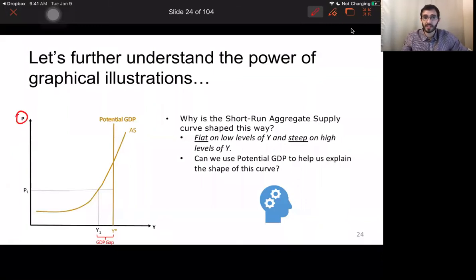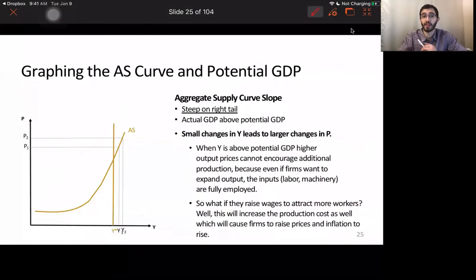But now let's discuss why this model has a somewhat flatter part of the aggregate supply and why it has a steeper part. This is connected a lot with the sensitivity of changes in GDP to changes in the aggregate price level. So let's understand how that works.